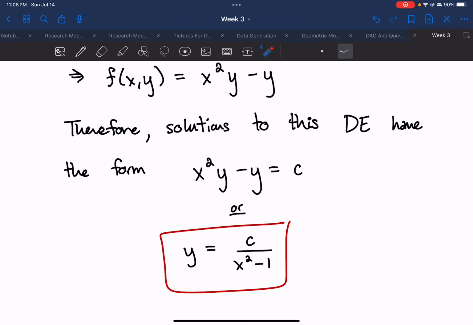It's complicated to explain, but once you've done it a few times, it's not too bad. Let me see if I can do this out pictorially. So up here we have f of x and y, right?